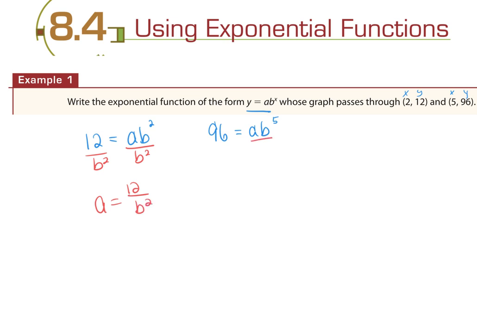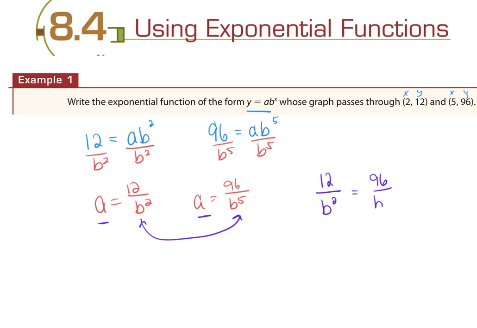Then I'm going to do the same thing over here, divide by b to the 5th, and I will get a equals 96 over b to the 5th. Now I have 2 equations that are equal to the same thing, which means I can set this part equal to each other. Substitution. If 2 things are equal to the same, you can substitute in. So I'm going to say 12 over b squared equals 96 over b to the 5th.